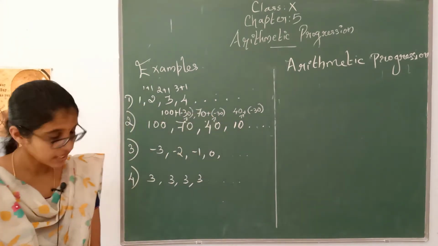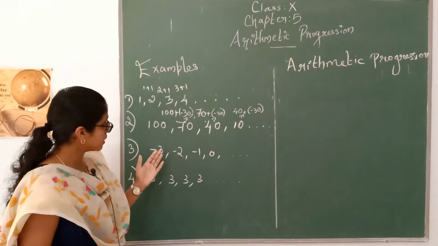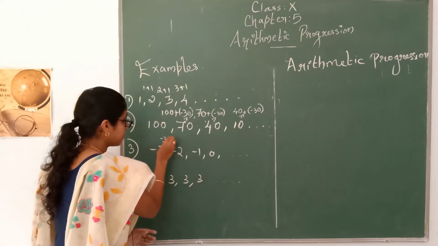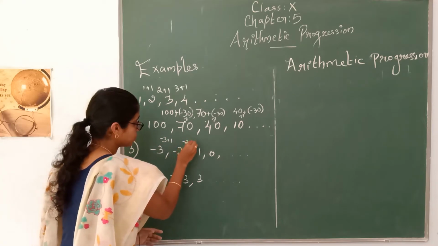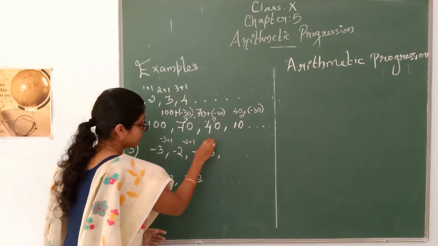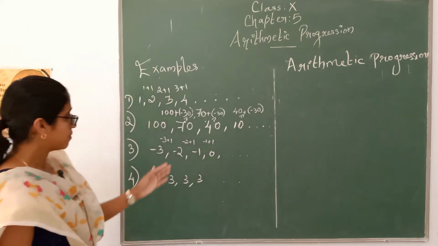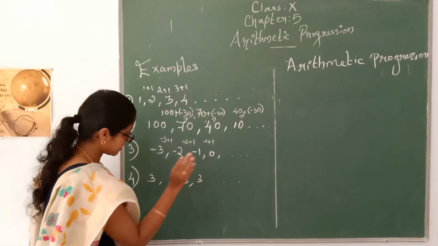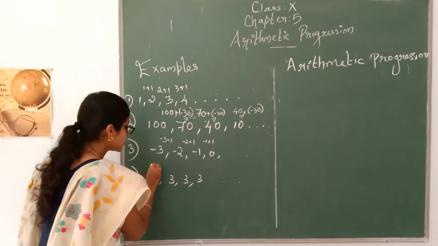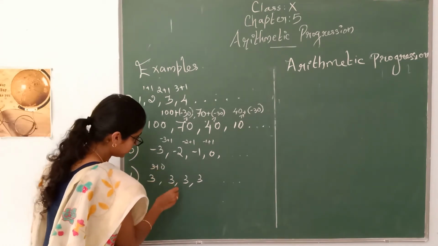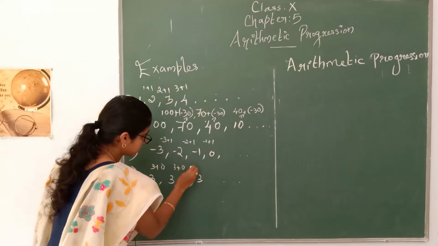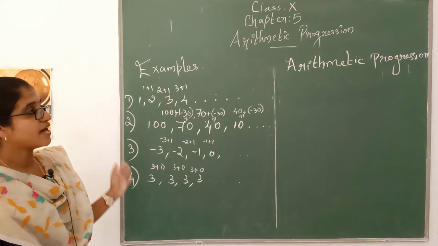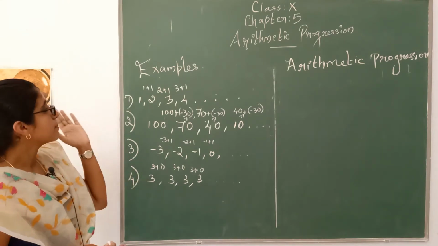So this one is also a progression. Here -3, -2, -1, 0, etc. is obtained by -3 plus 1, -2 plus 1 and -1 plus 1, which is equal to 0. Next is 3, 3, 3, 3, etc. This is also a progression since 3 plus 0 is 3, again 3 plus 0, and again 3 plus 0. These are arithmetic progressions.